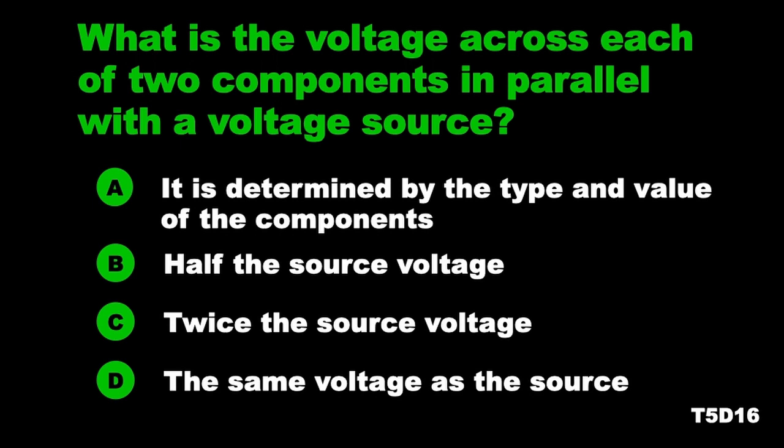Remember what we talked about with the pump in the house? The voltage is the pressure, kind of. So what would you say it is? I would say A, it's determined by the type and value of the components. Actually, that would be true for current. That's the answer for current. Is it D? It would be D, the same voltage as the source. Good job.